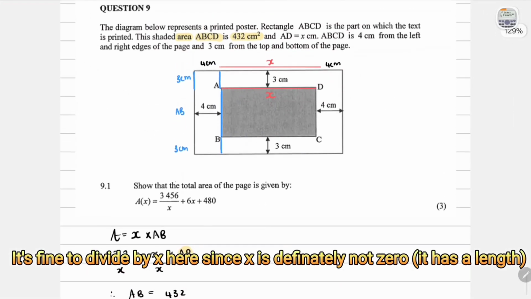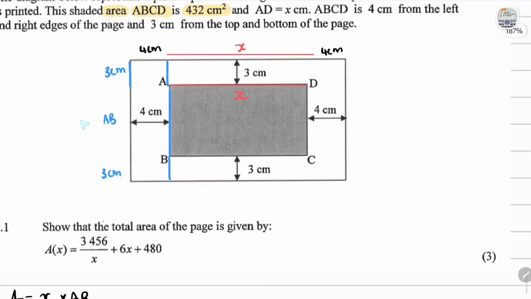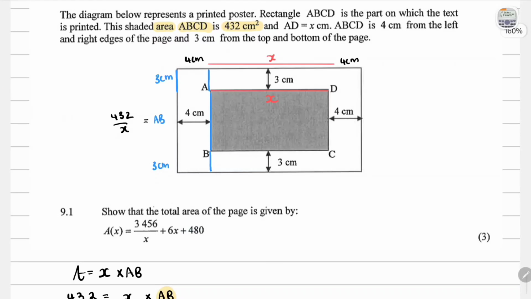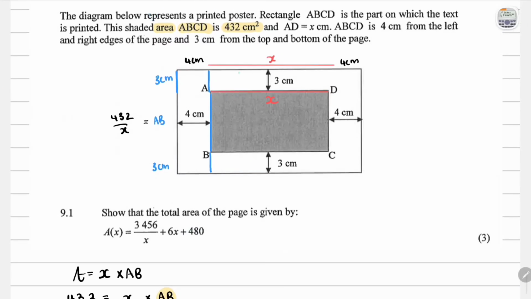Okay, so we've got an expression for AB now. It's just 432 over X. We can finally find the area of the entire page. The entire page is X plus 4 centimeters and the other 4 centimeters. Okay, that's the length of the page.